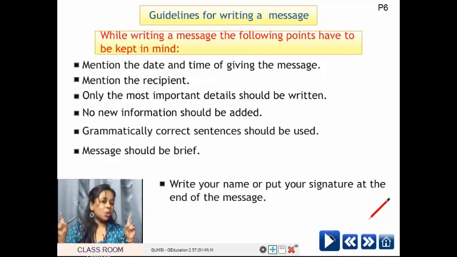This is English class, so grammar is very much needed for writing anything in English. And then last, your name, because you are writing the message.